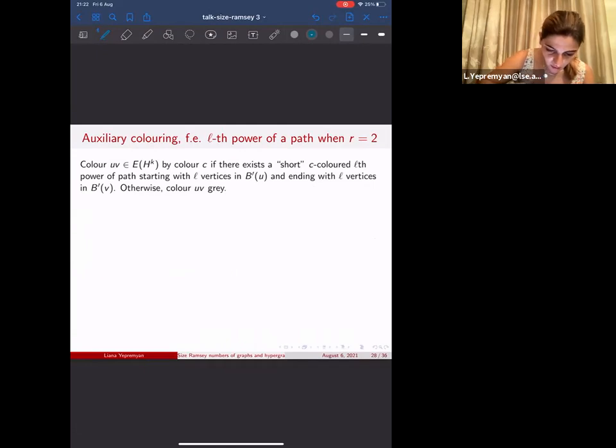I would color an edge UV in H_k by color C if there exists a short C colored nth power of a path starting with L vertices in the sub-blob of U and ending with L vertices in the sub-blob of V. Otherwise, I'm going to color it gray.